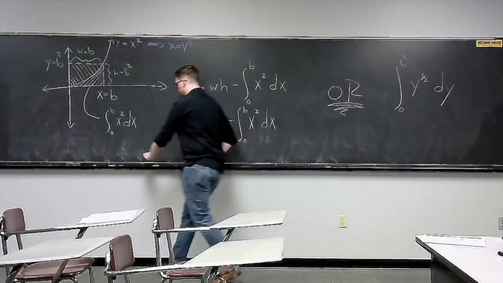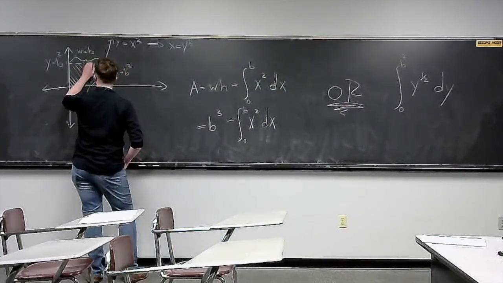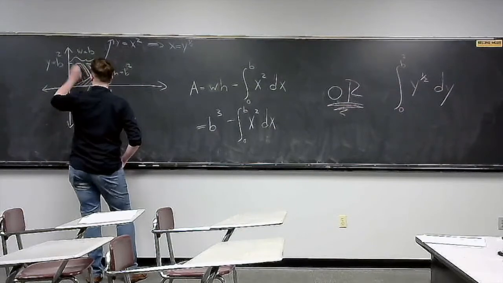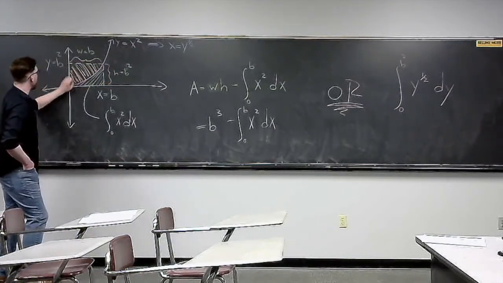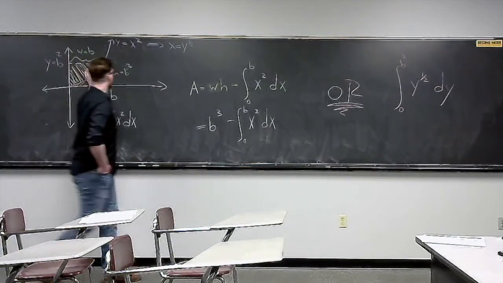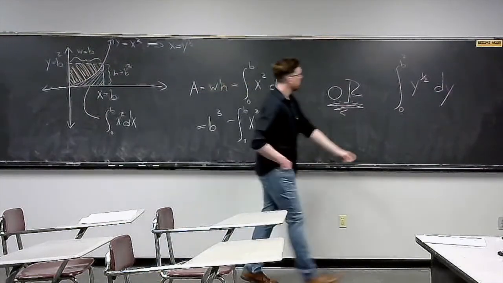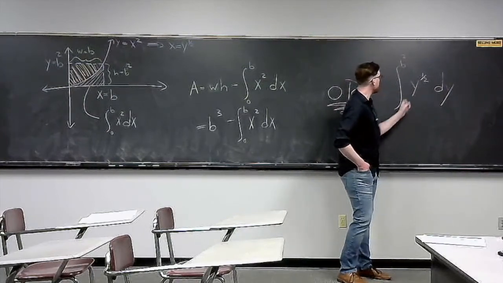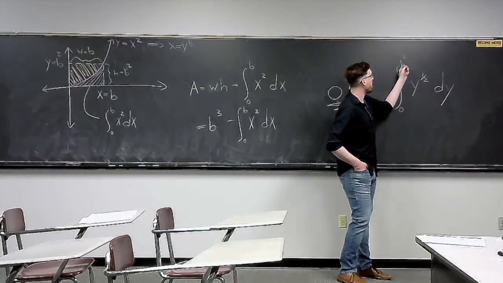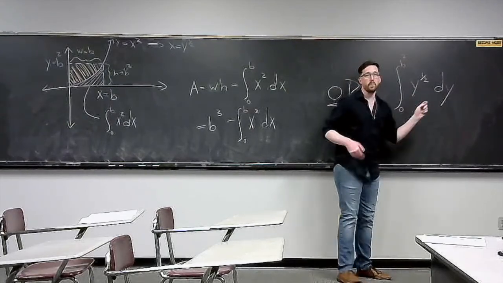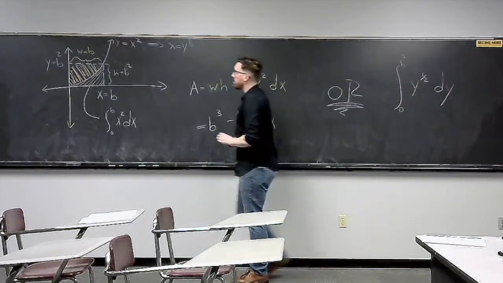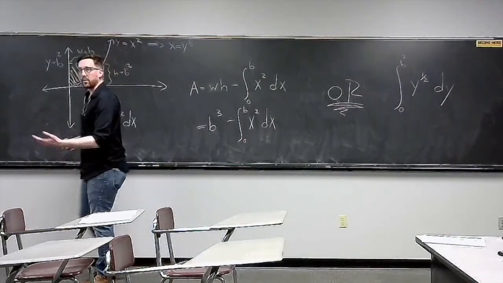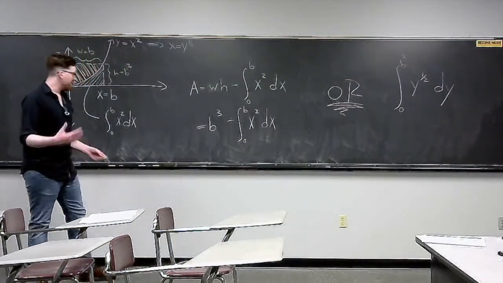And this area could be found by integrating with respect to y. So your bounds change from 0 to b squared, and so does your interior function. In other words, you could just find the inverse and integrate that with respect to y. That is an option.